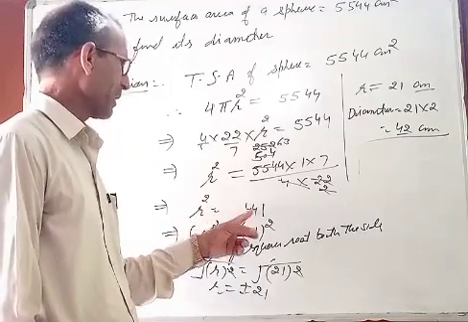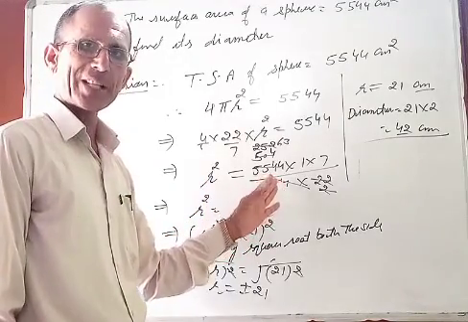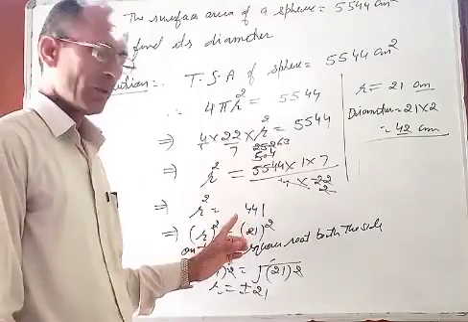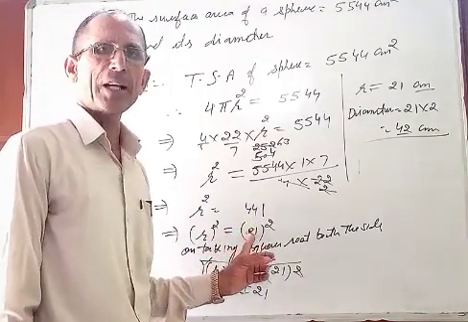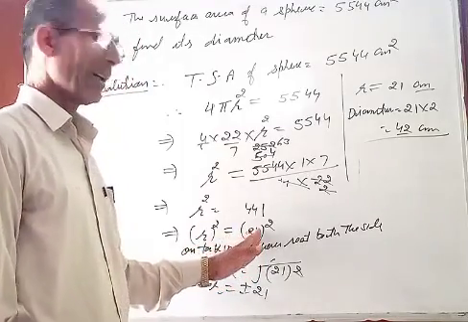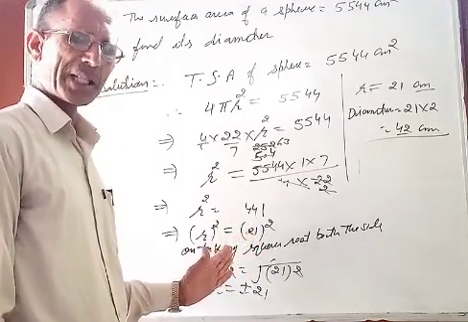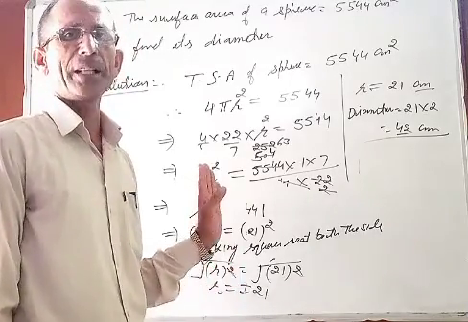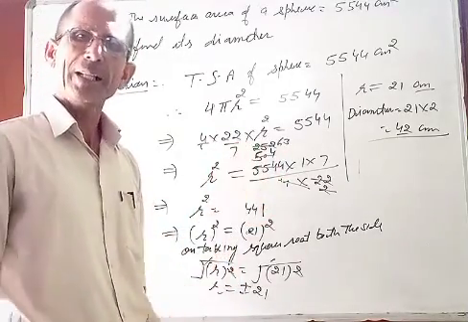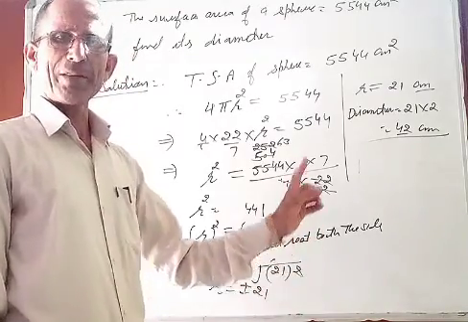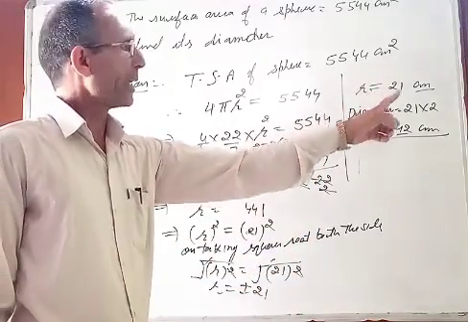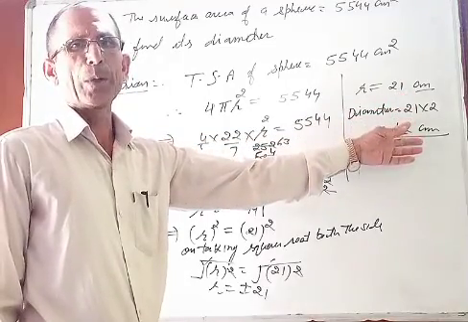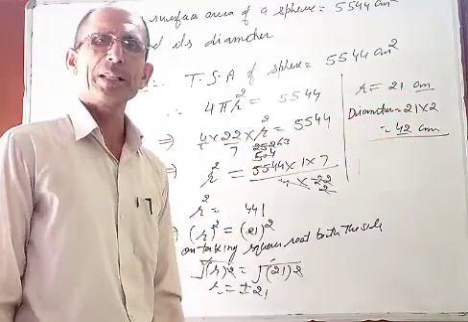So r square, after simplification, will be 441. 441 is the square of 21, so r square is equal to 21 square. On taking the square root on both sides, the value of r will be plus minus 21. Because the radius can't be negative, we ignore the negative value. So the radius will be 21 centimeter and the diameter will be double the radius, so it will be 42 centimeter.